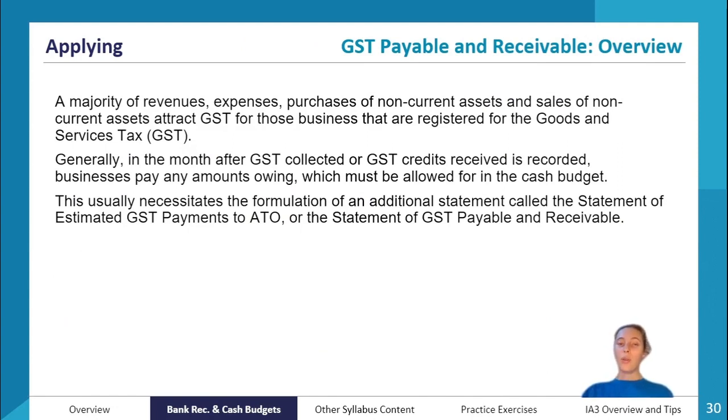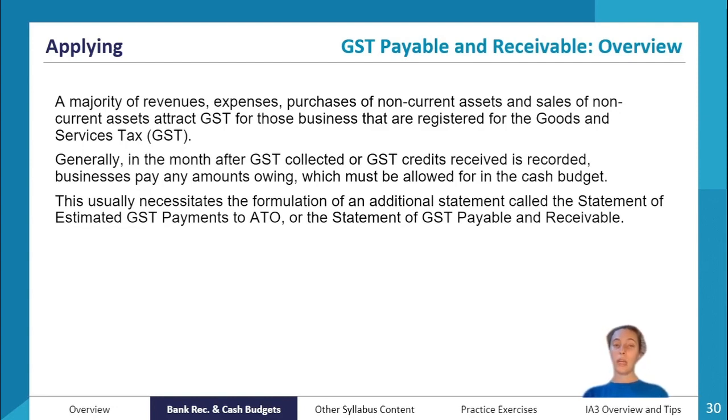Okay, so now let's have a look at GST payable and receivable. So a majority of revenues, expenses, and purchases of non-current assets and sales of non-current assets attract GST for all of the businesses that are registered for goods and services tax.